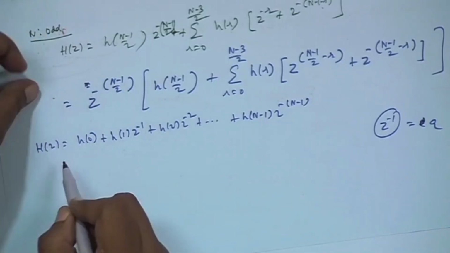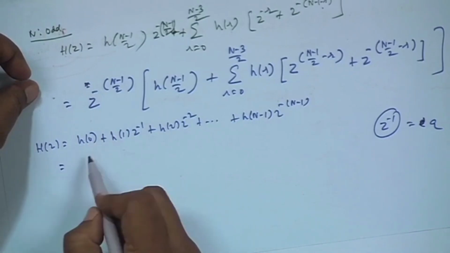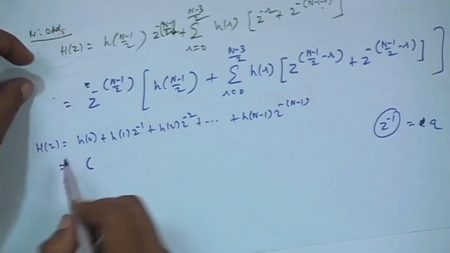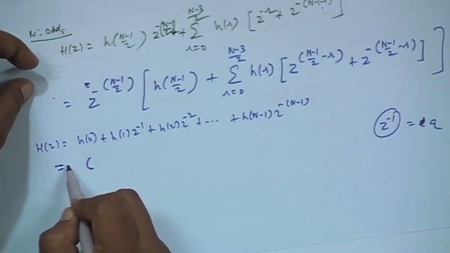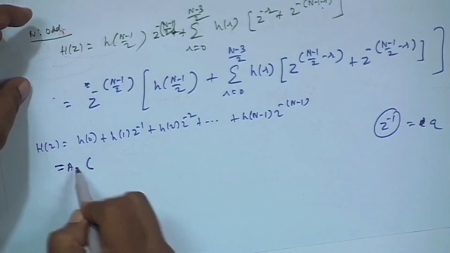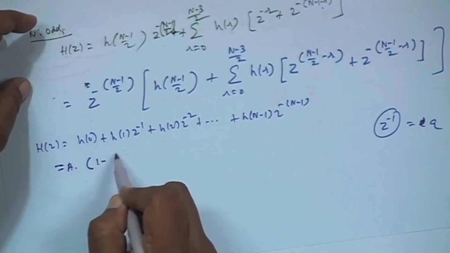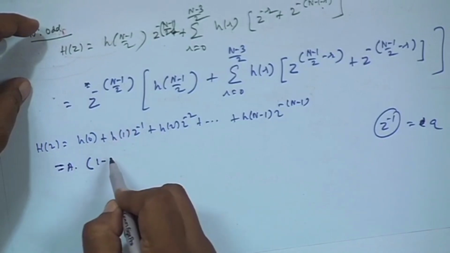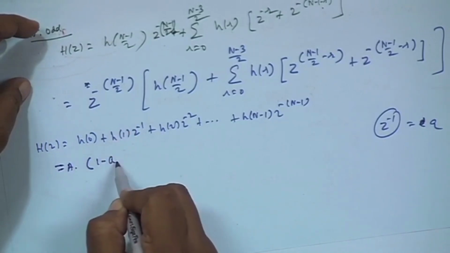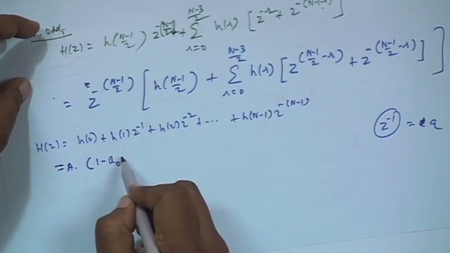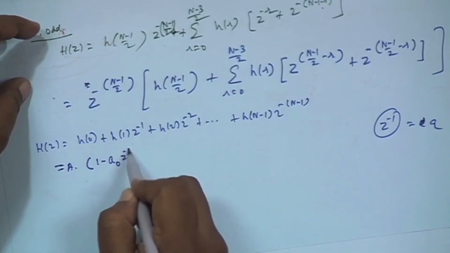First order factors will be of this form. Some constant you can take out, maybe a, then 1 minus maybe some root a 0 q, q is z inverse, right.